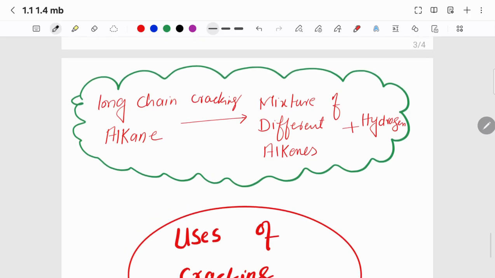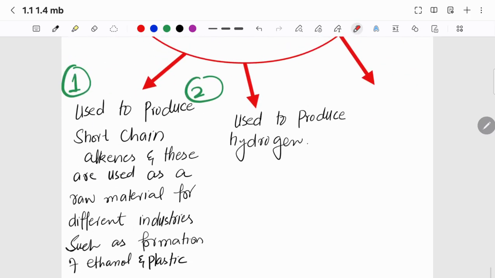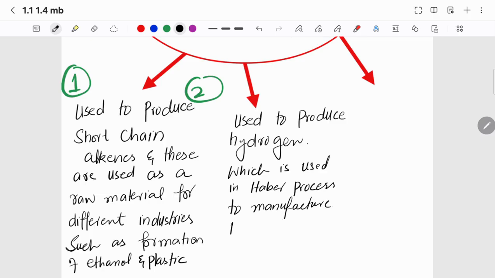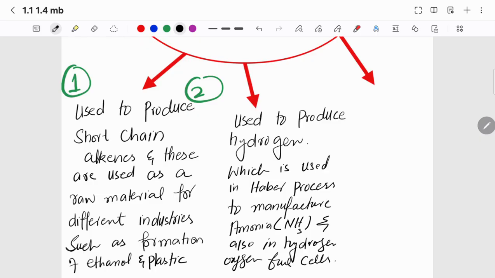As we can see here, hydrogen is being produced, which is used in the Haber process to manufacture ammonia and also in hydrogen oxygen fuel cells.